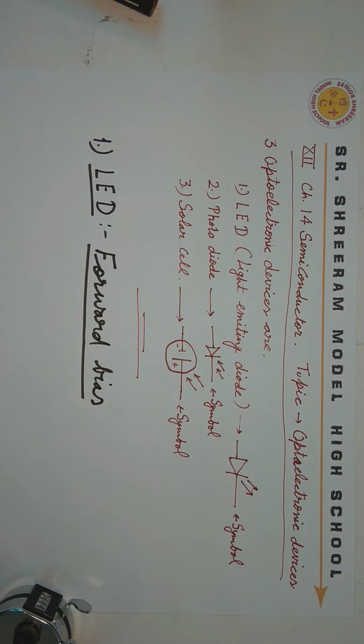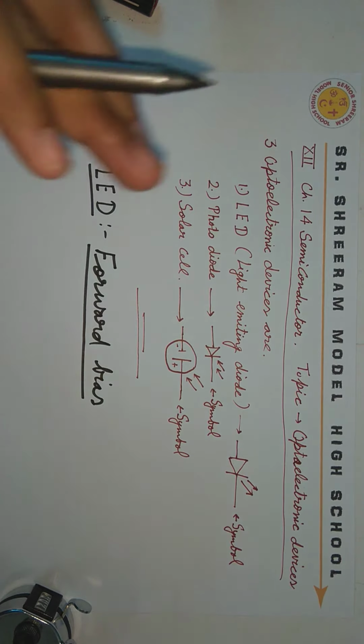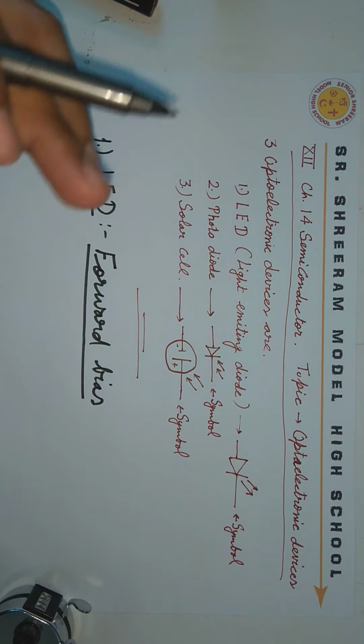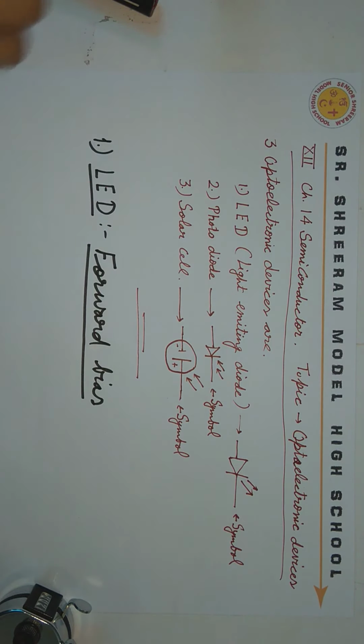So free electrons are just conduction electrons and holes are just vacancies for electrons. When a conduction electron falls into a hole, that is a vacancy for an electron, then radiation or a photon of light is emitted. For a normal PN junction, the photon emitted is an infrared photon which just heats up the diode.